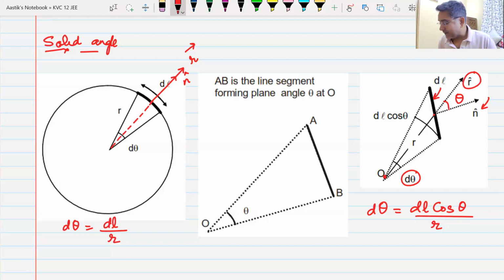But now what happens if instead of a line, which is a one-dimensional object, you have a surface? What do I mean by a surface? It could be anything. If it is a surface, this is a surface, a two-dimensional body. Now, this is a surface, and then this is a point. Now, I can also find the angle that this surface makes at this point.